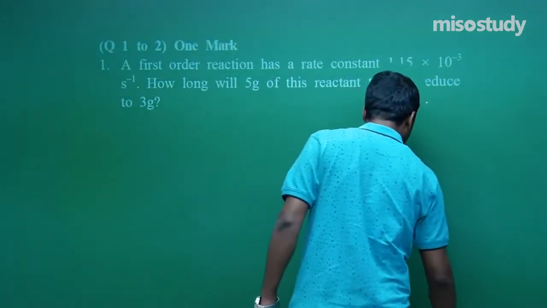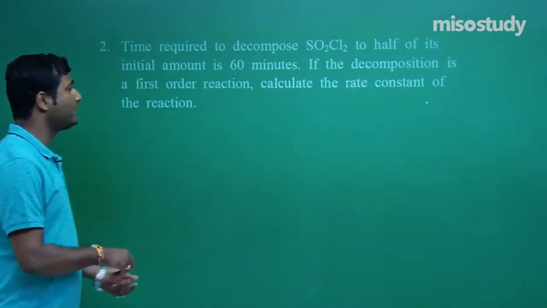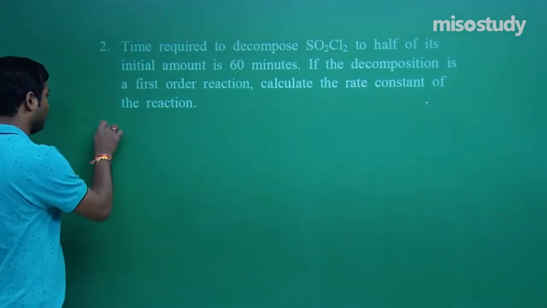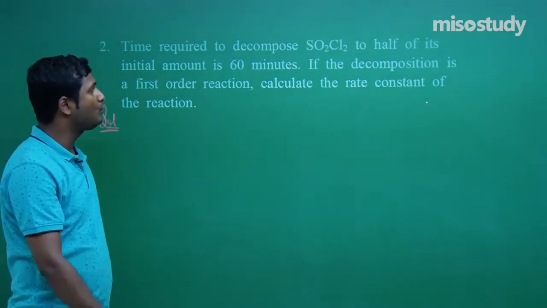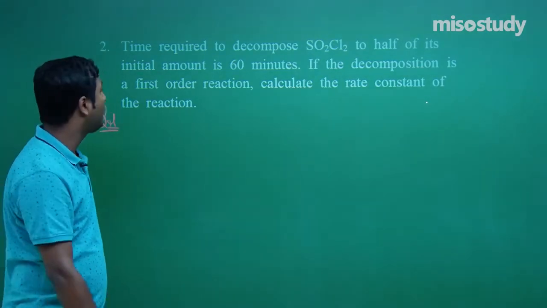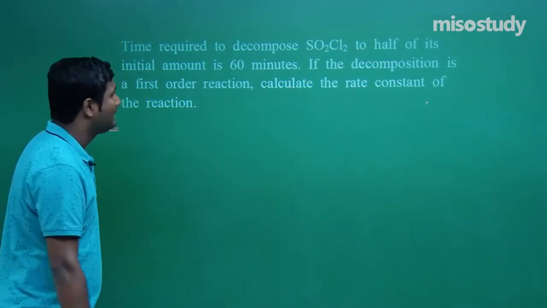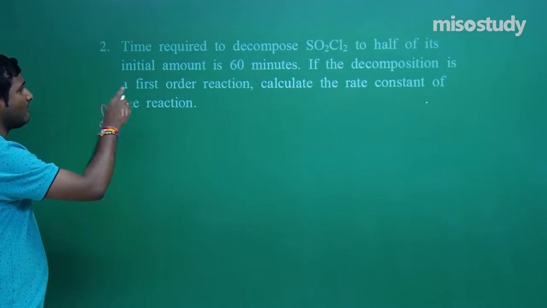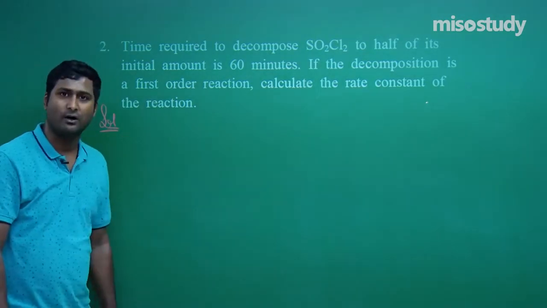Now the next question is question number 2. What is given here? The time required to decompose SO2Cl2 to half of its initial amount is 60 minutes. If the decomposition is of first order, calculate the rate constant of the reaction.